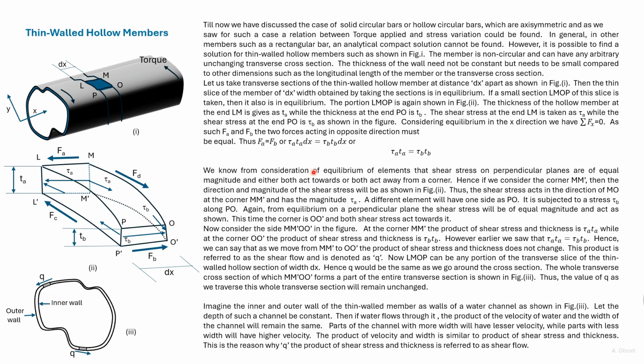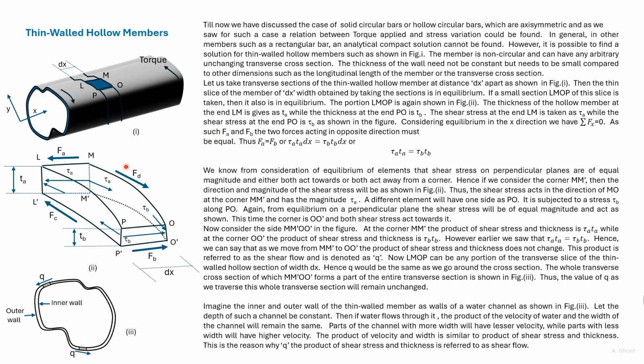While dealing with elements subjected to shear stresses, we saw that either the shear stresses emanate from a corner or they act towards a corner. Also, the magnitude of the shear stresses are equal in the perpendicular directions.